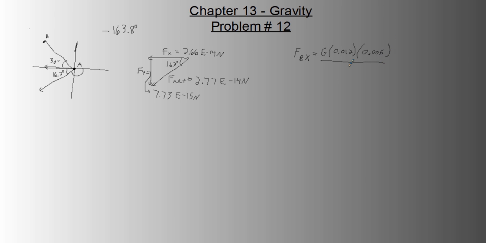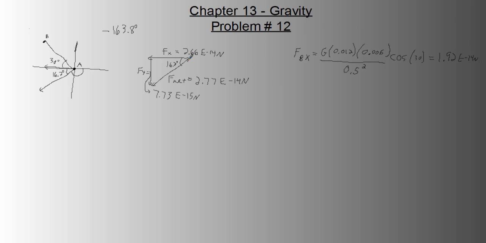The distance between these, this length they gave in the problem, was half a meter, 0.5. Don't forget to square, it happens so many times. And then we want the x component, so that's cosine 30. I didn't write it down, so I'm going to calculate it after I pause. So it equals 1.92e-14 newtons.